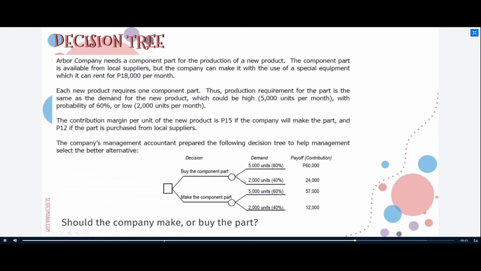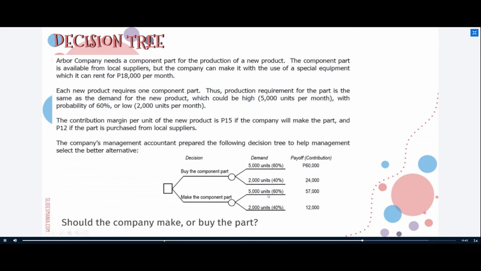So 5,000 is the high demand, so 5,000 units is equivalent to 60% probability. And also provided is the low demand at 2,000. Di ba, sabi ko sa inyo, when dealing with probability, the events should total 100%. So therefore, if 5,000 or the high demand represents 60% probability, it should be complementary, no? So the other part would be 40%, for a total of 100%.